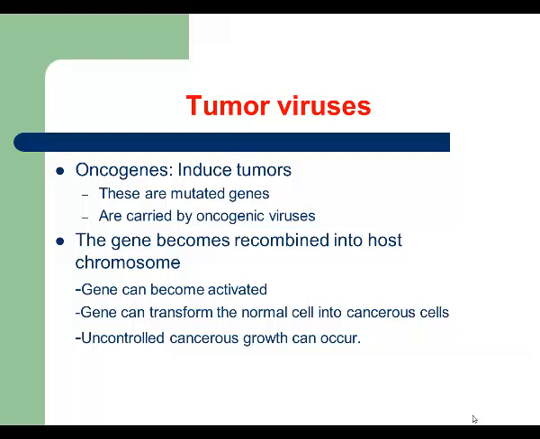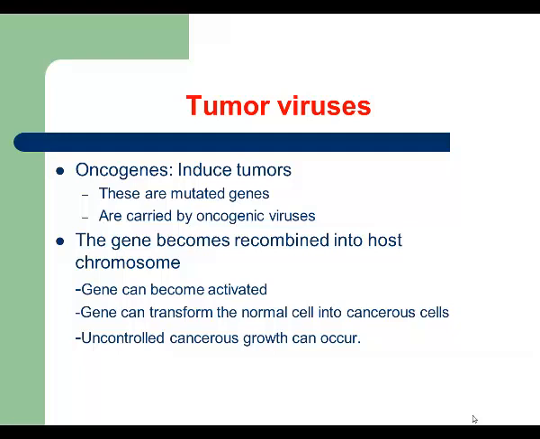The most common example, of course, is human papilloma virus or HPV. You probably know it can cause cervical cancer in women. Another example would be hepatitis B virus. It can cause liver cancer. So the question is why some viruses can cause tumors.